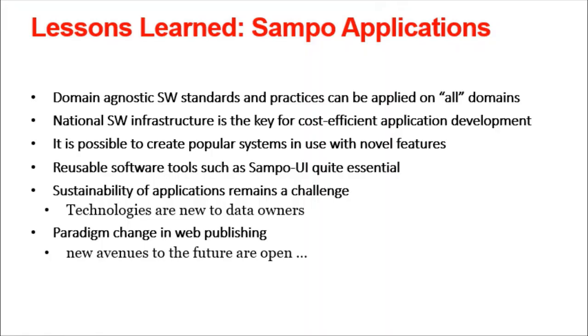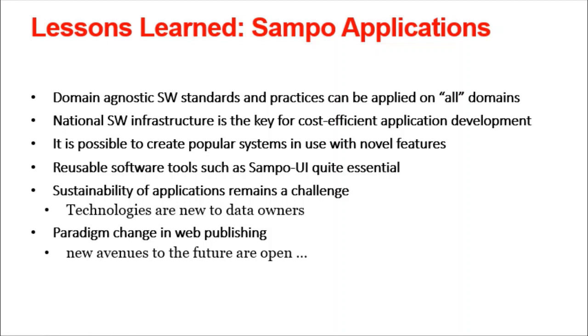The work presented on developing Sampo applications demonstrates that domain-agnostic semantic web standards and practices can be applied in virtually all domains. A national semantic web infrastructure is the key for cost-efficient application development. It is possible to create systems that are popular in use and have lots of novel features.